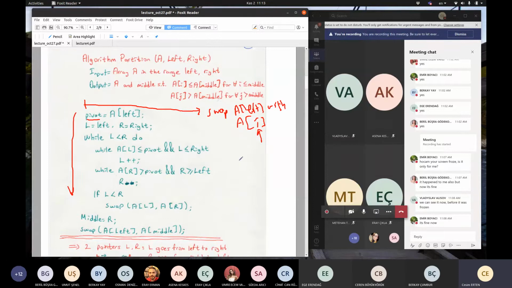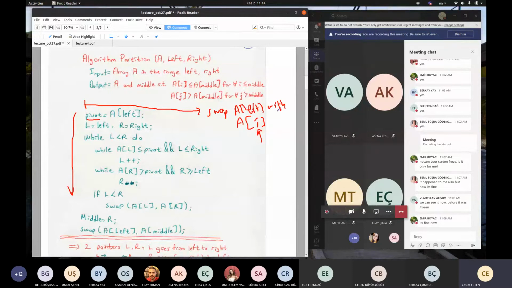What do we gain by doing this small change? With this small change, we guarantee that our pivot element is basically a random array element, so it can be at any index. Okay, this is the guarantee that we will have with this small change.